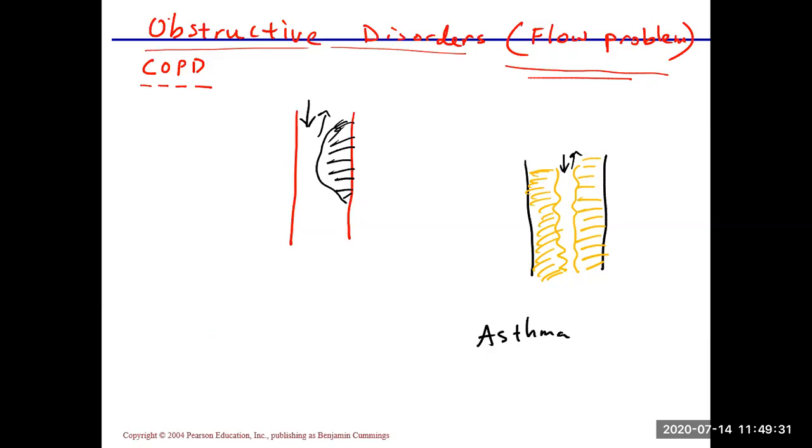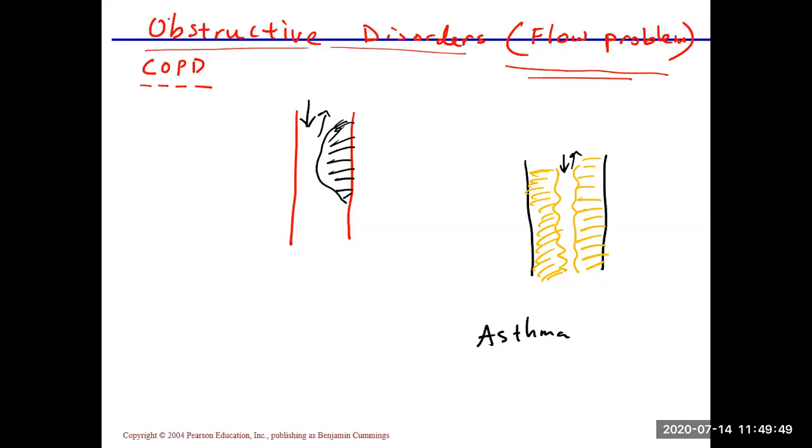What do they use? They use bronchodilators, right? They have this medication that they put in their mouth or their nose, and what it does, it goes into the trachea and into the lungs, and it opens up the bronchiole.